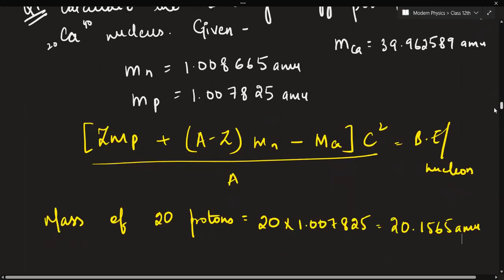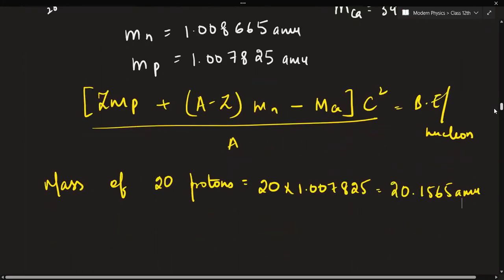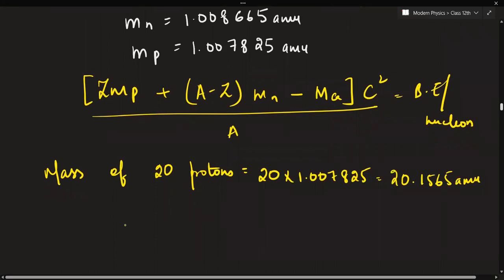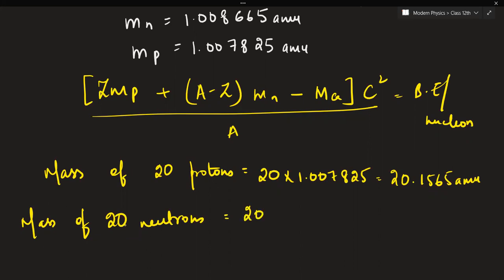Then the mass of neutrons. So 40 minus 20, that is 20 neutrons. The mass of 20 neutrons will be 20 into 1.008665, so this will be around 20.1733 amu.